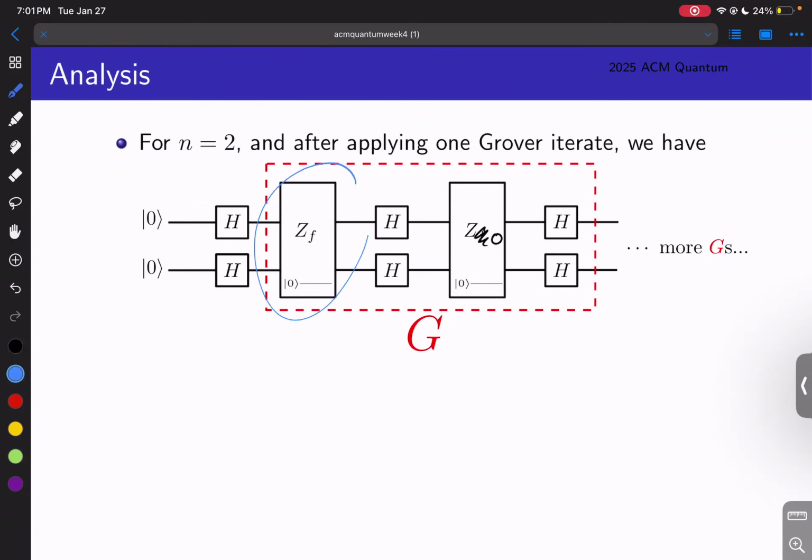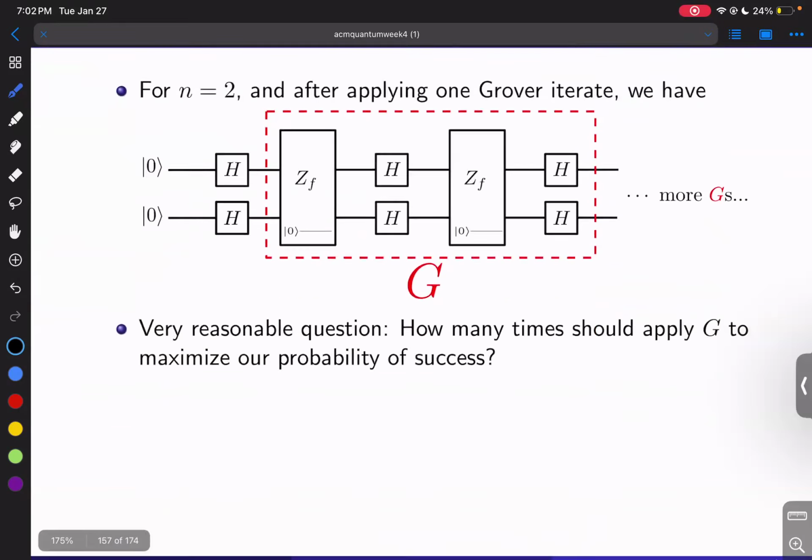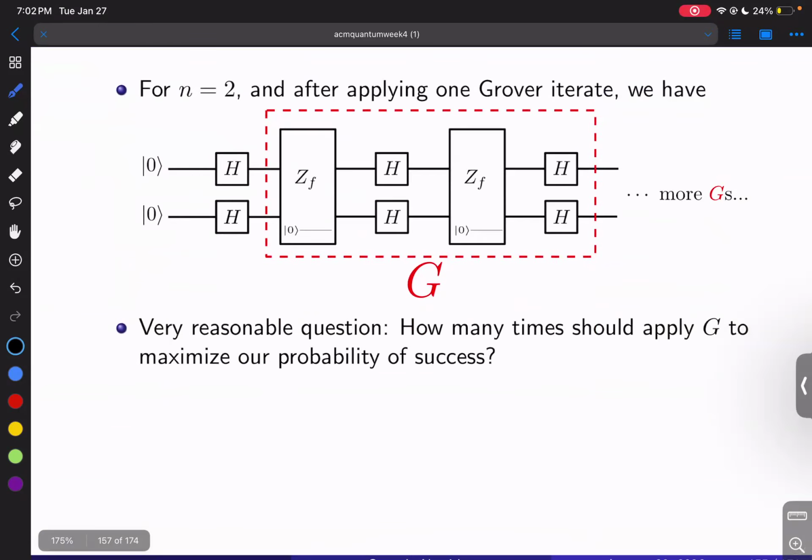So again, reflect along B, then this will reflect along psi. All that is packaged into a Grover iterate. That'll rotate you by 2 theta. And then you just keep applying more G's. Does that make sense, at a high level?